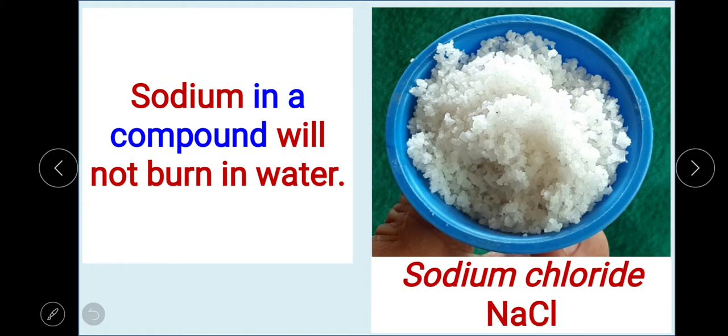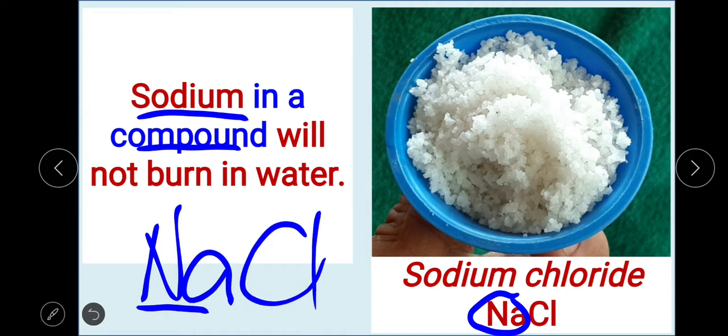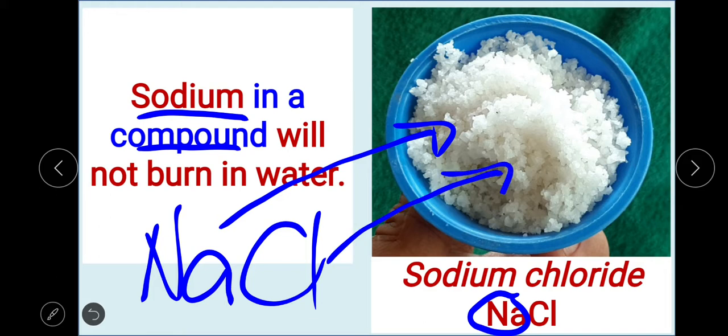Now, sodium in a compound, for example sodium chloride. You already know that table salt, or sodium chloride, has sodium. In fact, this is the formula NaCl, meaning sodium chloride, or table salt, is made up of sodium and chlorine.